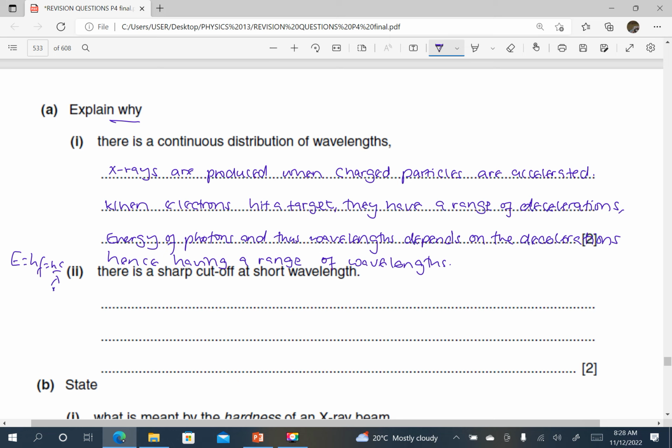When does an X-ray photon have maximum energy? This is when an electron gives out all its energy as a single X-ray photon. That photon will have the highest amount of energy.